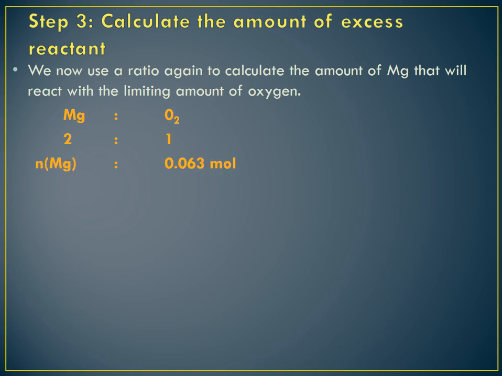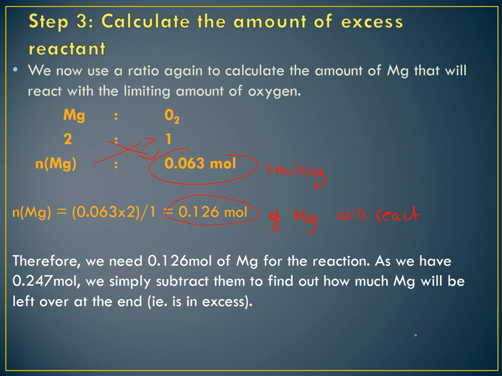We have the number of mole of oxygen that will react this time, so this was based on my limiting number of mole. Using our cross multiply again, we will find that 0.126 mole of magnesium will react, and only that, because after that we've run out of oxygen.